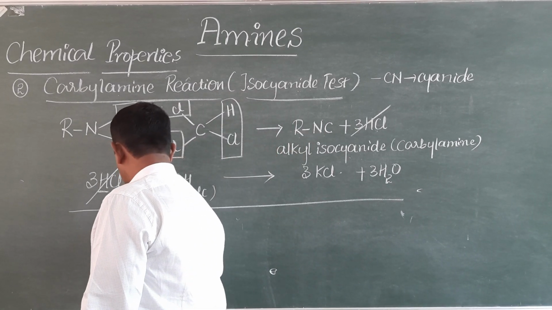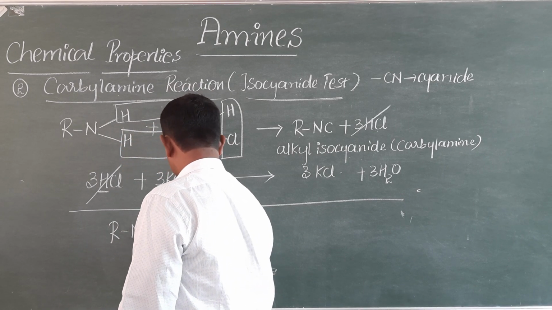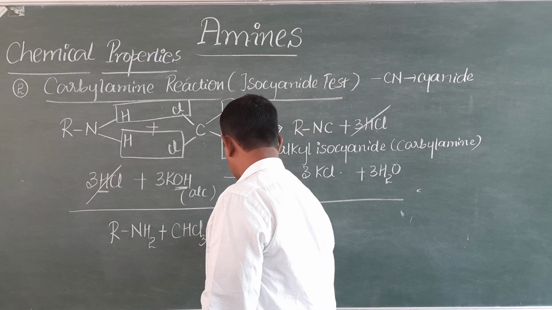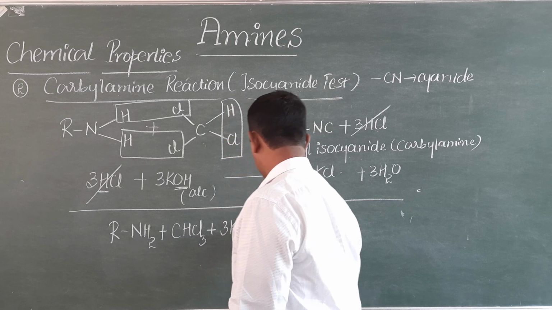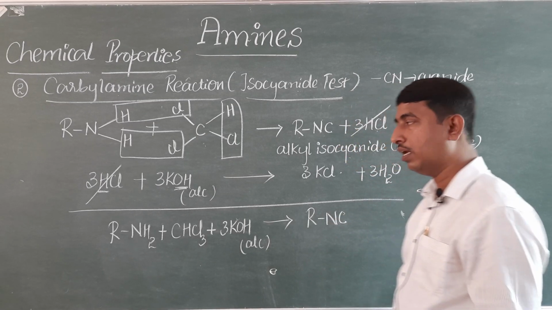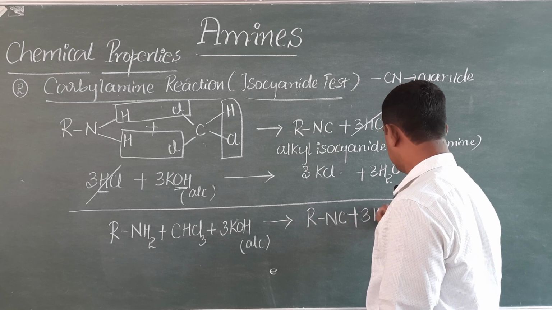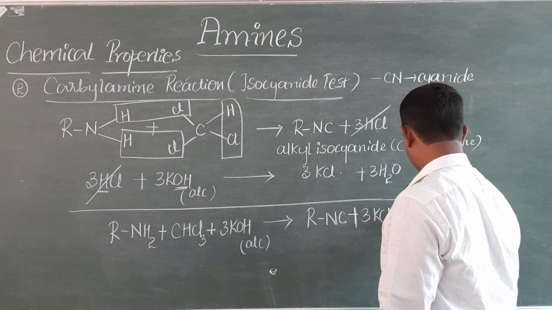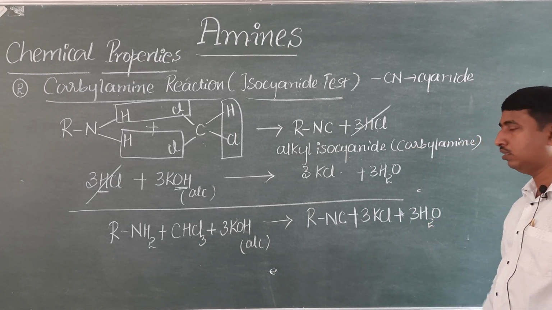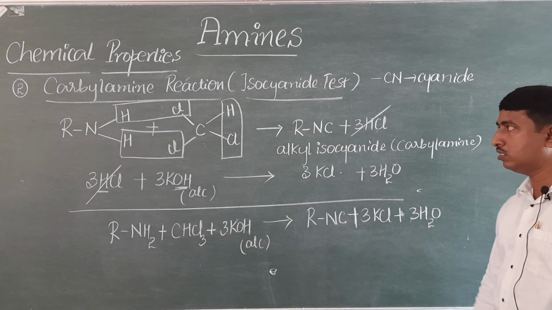The remaining species I can write here: RNH2, CHCl3, then 3 KOH, alcoholic, heated, giving RNC, alkyl isocyanide, plus 3 KCl plus 3 H2O. Alkyl isocyanide along with potassium chloride and 3 molecules of water.